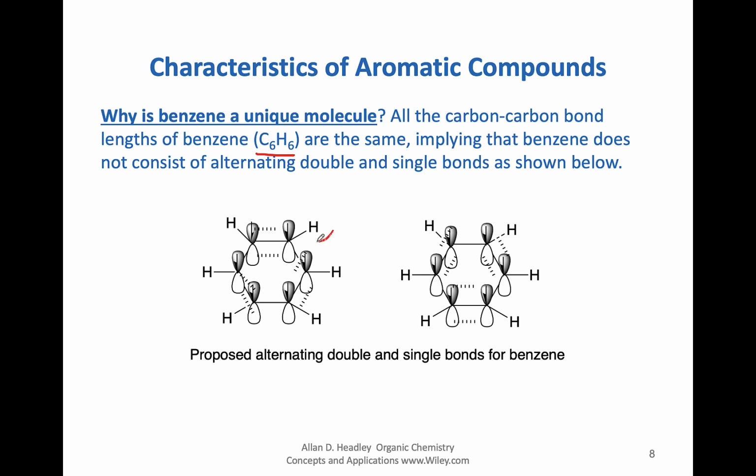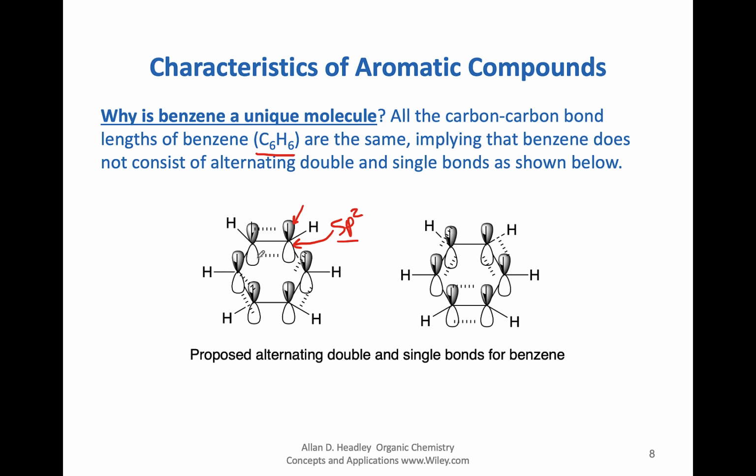So these carbons here are sp2, where we have an unhybridized p orbital with 1 electron in each carbon. So we have 6 carbons that are sp2, and 6 carbons have a p orbital that's unhybridized with 1 electron. So this is what it looks like.